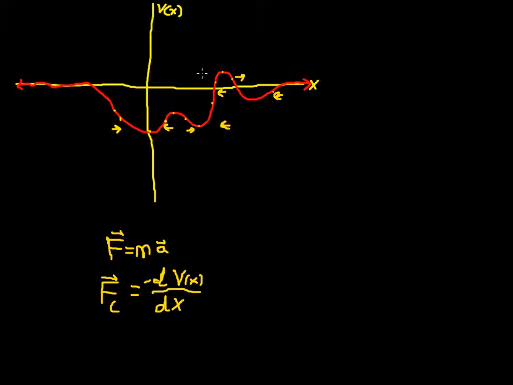And finally is a neutral equilibrium, and that's going to be right here, where this should be a bit straight. For all intents and purposes, maybe it's asymptoting, maybe it's not quite at zero potential energy, but for all intents and purposes, it's flat at zero, right?